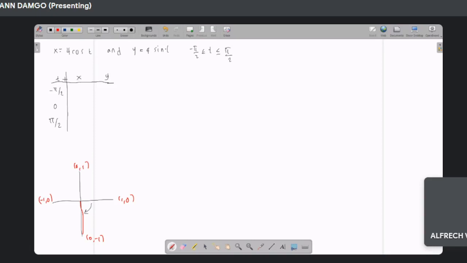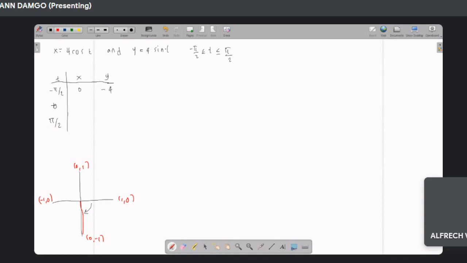Okay? So when t is negative pi over 2, we have 0, negative 1, so this x is 0. And then our y here is negative 1, and negative 1 times 4 is negative 4.